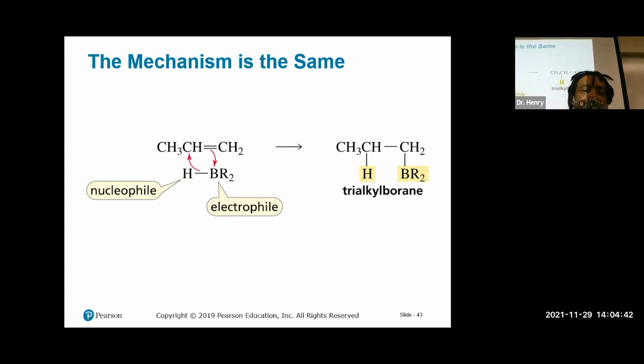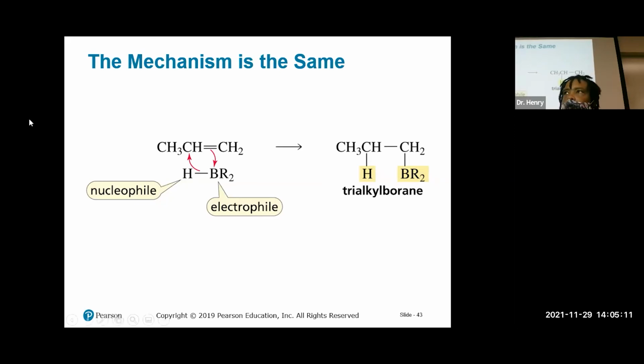So the process when you have these trialkyl or dialkyl boranes is going to be the same, going through the same mechanism as when we had the hydrides.